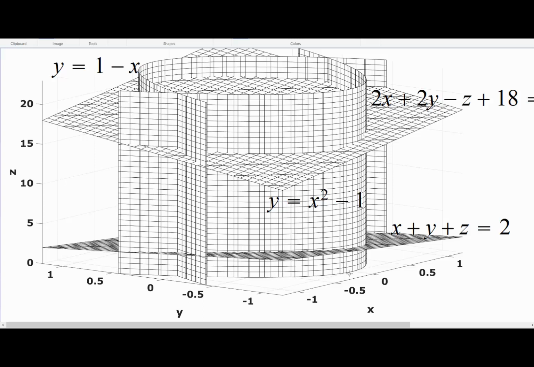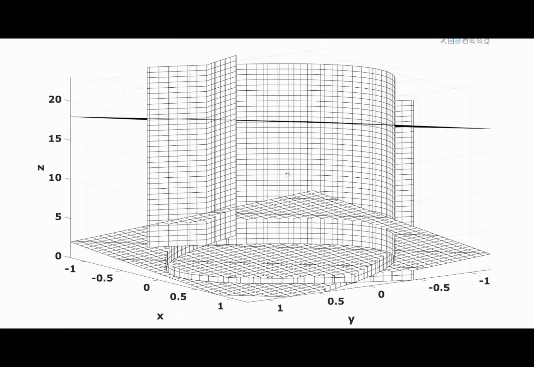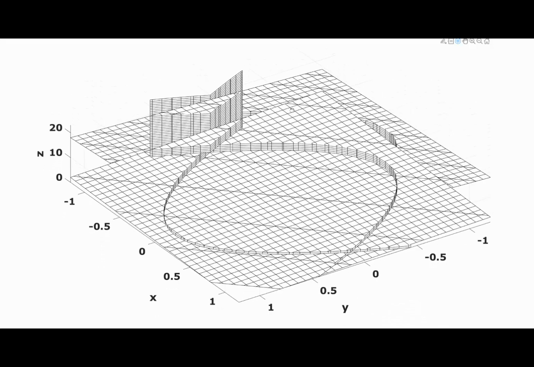So let's see what we are going to integrate over. We are going to take a double integral over this region in the xy plane that is bounded by the graphs of those two parabolae, that is y equals 1 minus x squared and y equals x squared minus 1. So that is our region of integration.